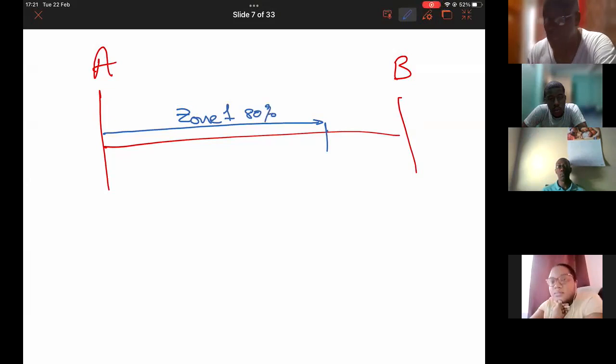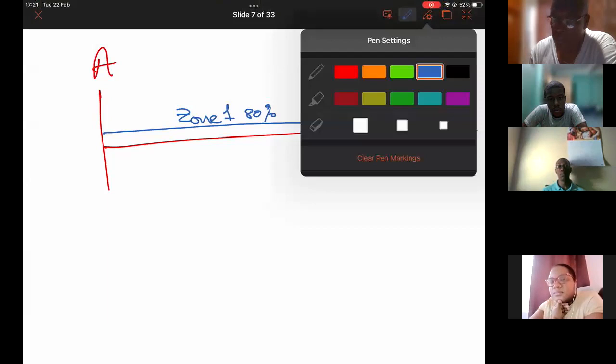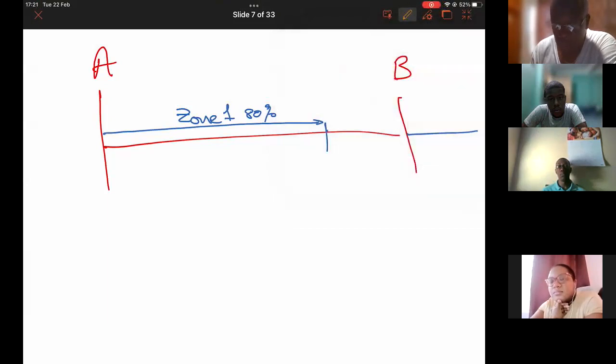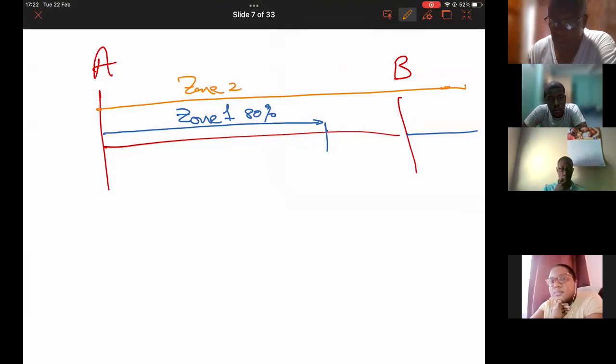And then with my adjacent line, for my zone 2, I'm going over by, this would now be over 120%.